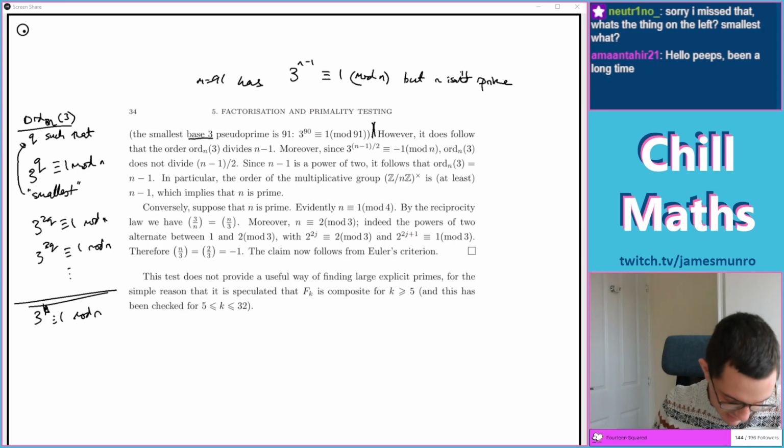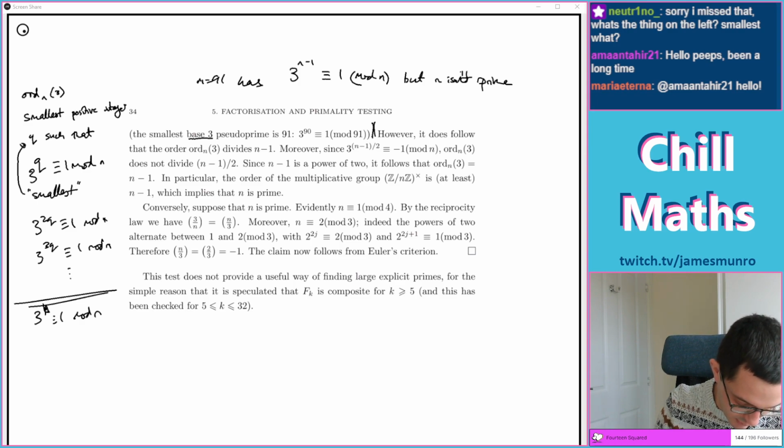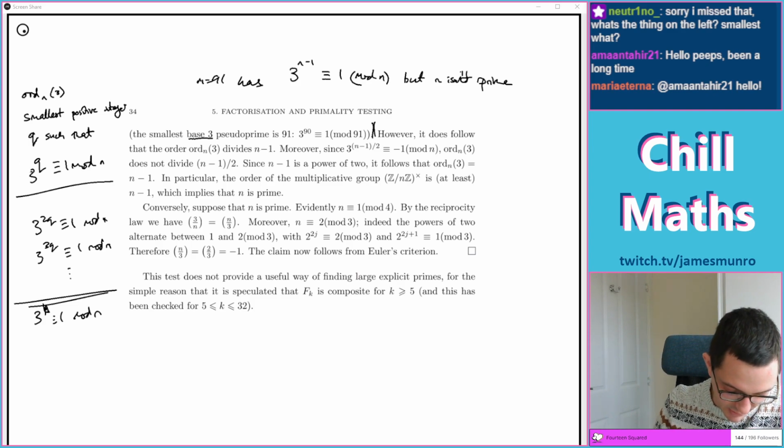Hi, Neutrino. Sorry, this thing I listed over here, the order of 3 modulo n. I was trying to define it and I did it really badly, so I'm going to have another go. I thought I sort of got away with it, but I obviously didn't. This is defined as the smallest positive integer q such that 3 to the q is 1 more than a multiple of n.